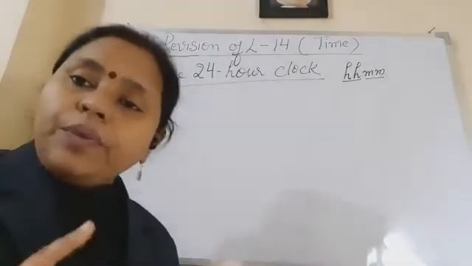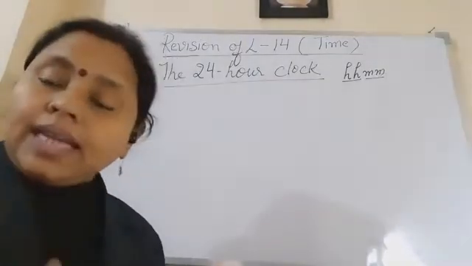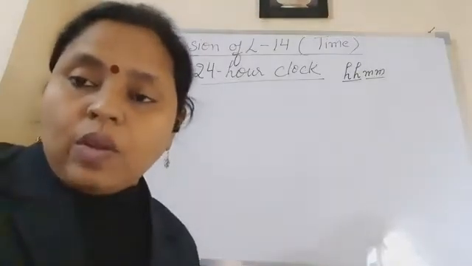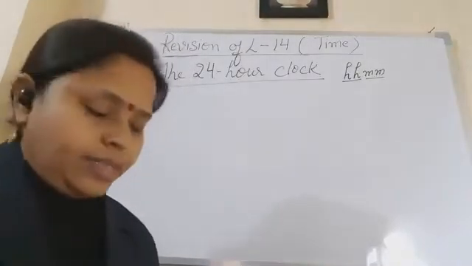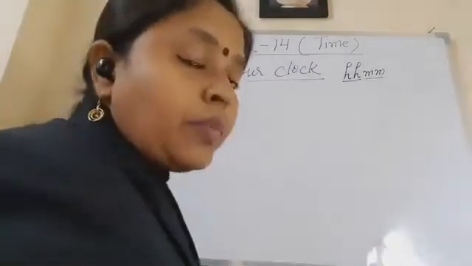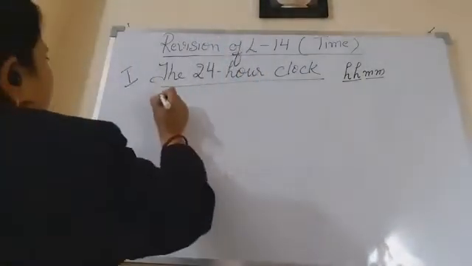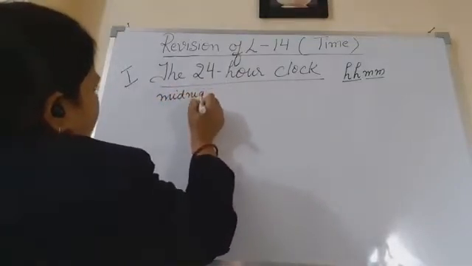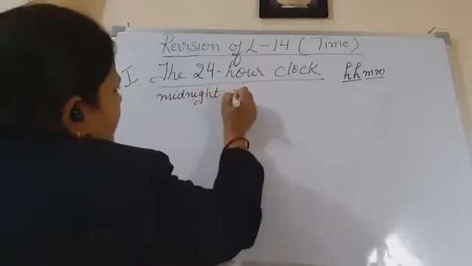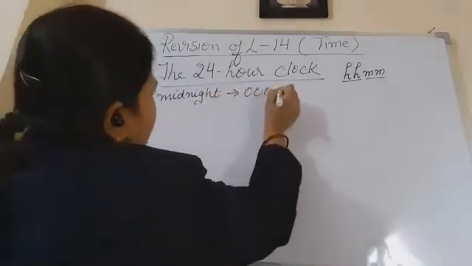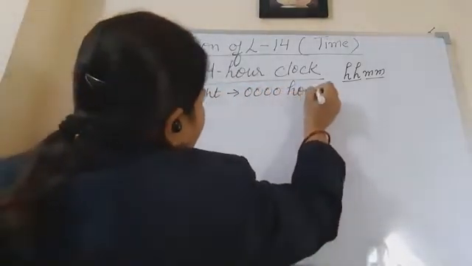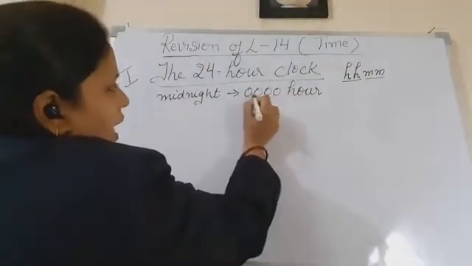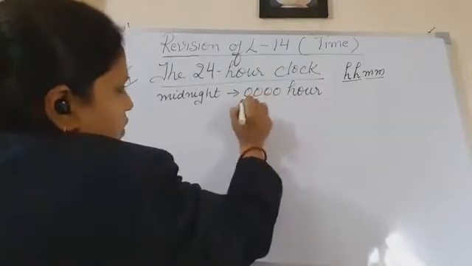And in the 24-hour clock, the day starts at midnight, right? And what is the time given to midnight? Well, the time given to midnight in the 24-hour clock is 0000 hours, right? So 12 midnight is written as 0000 hours.